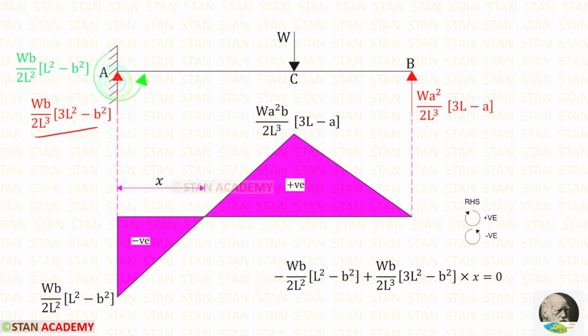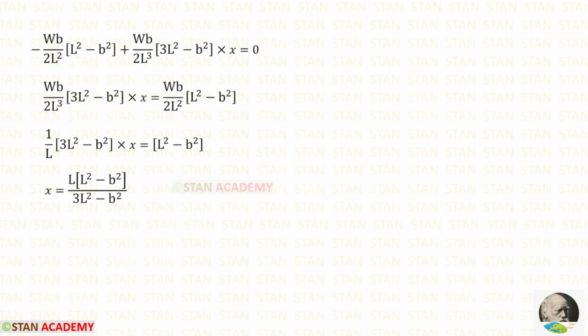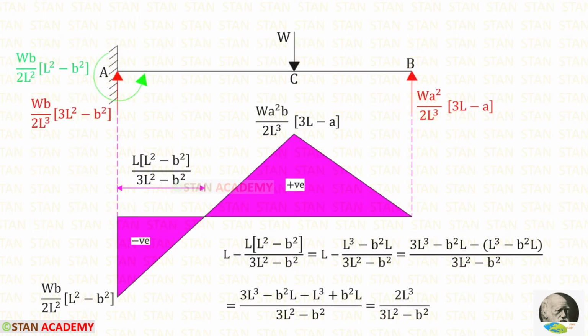RA is acting in the clockwise direction, so that will be positive and the distance is x. We can take this term on the other side so it will become positive. We can eliminate WB 2 and L square. We can take these two terms on the other side, they will come inversely. Let us apply x here.